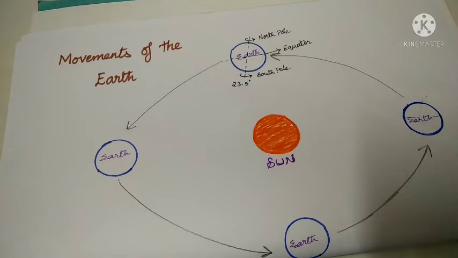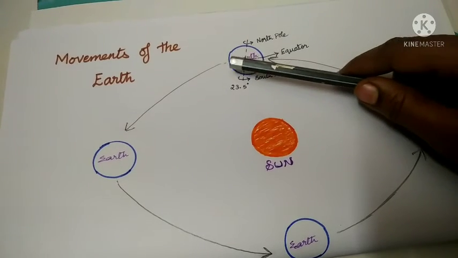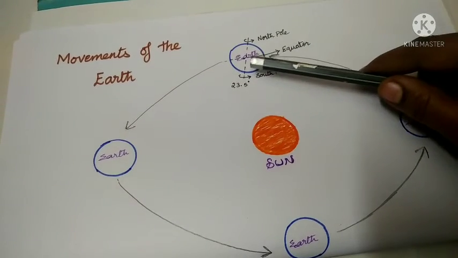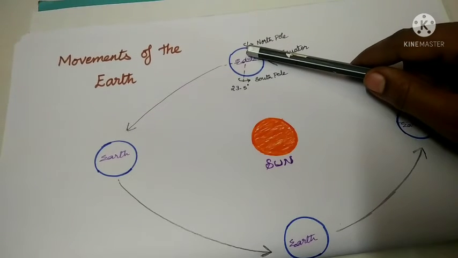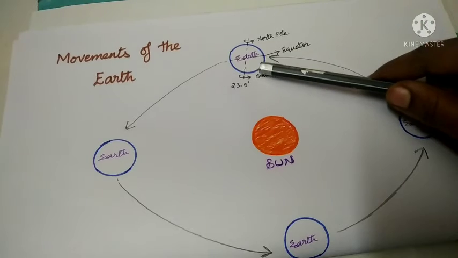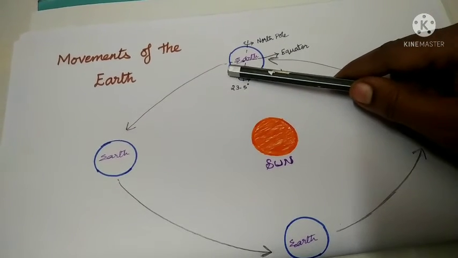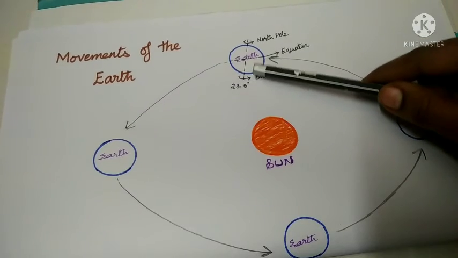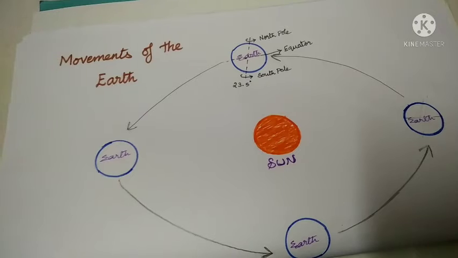It divides the earth into two hemispheres. So the above part of the earth is the northern hemisphere and this one is the southern hemisphere. So the equator divides the earth into two equal hemispheres, northern and southern hemisphere.